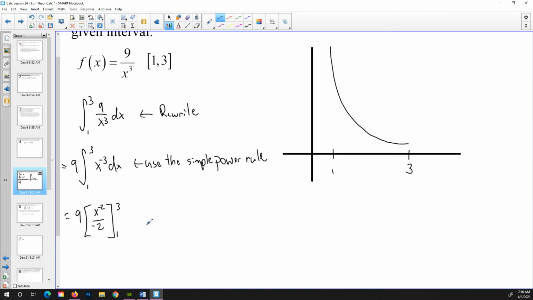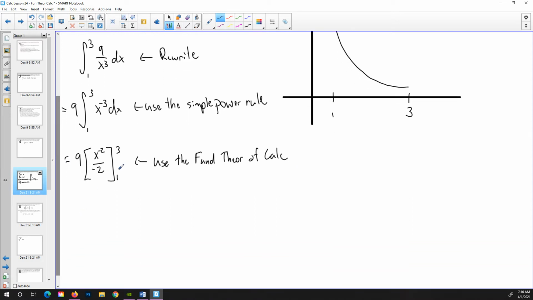And so using the fundamental theorem of calculus, we'll have 9 times, I'm going to plug in this 3, so I'll have 1 over negative 2 times 3 squared, minus 1 over negative 2 times 1 squared.